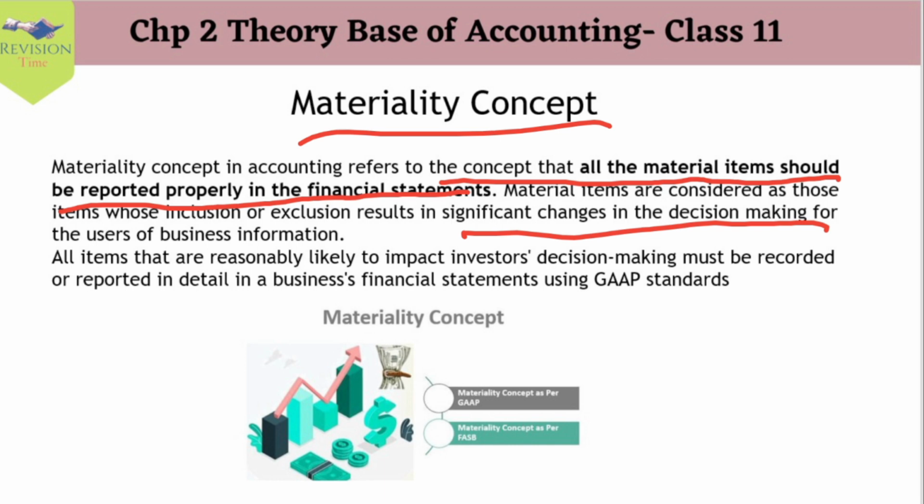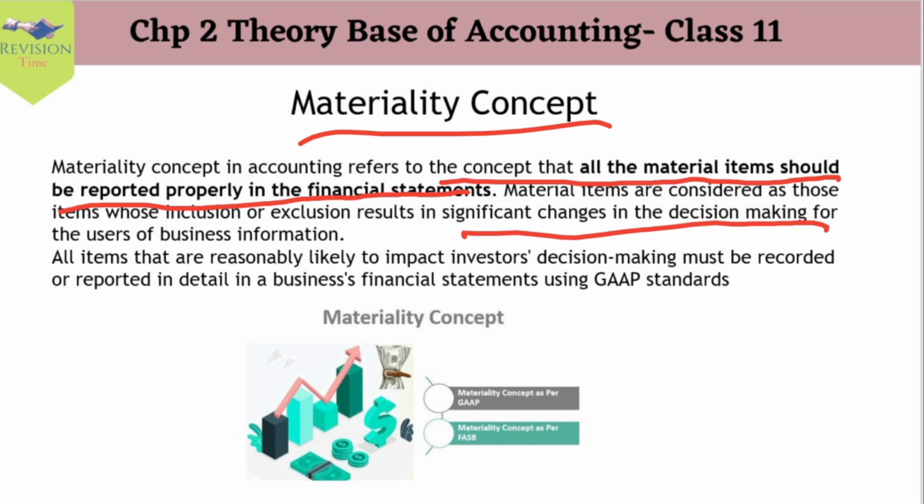Let us assume that a person has to pay 100 crores to a company. Now, if he has defaulted rupees 100, it does not affect the business. Rupees 100 will not make any sense. So, it is immaterial. Now, if while paying 100 crores, he has defaulted rupees 30 crores, this is material.